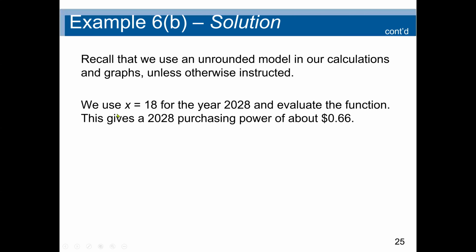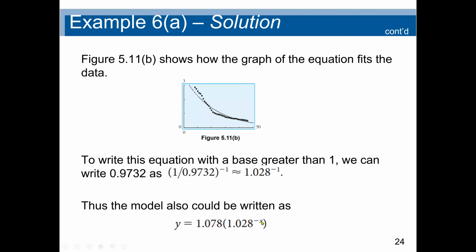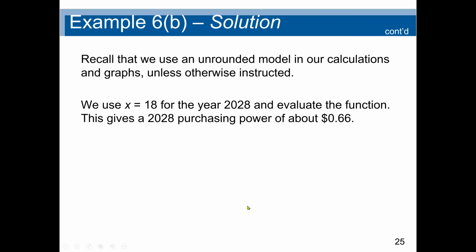So for example, we use x equal to 18 for the year 2028, and we can evaluate the function. The model is here. If I replace x with 18, I will get 0.66. So the purchasing power for 2028 will be 0.66.